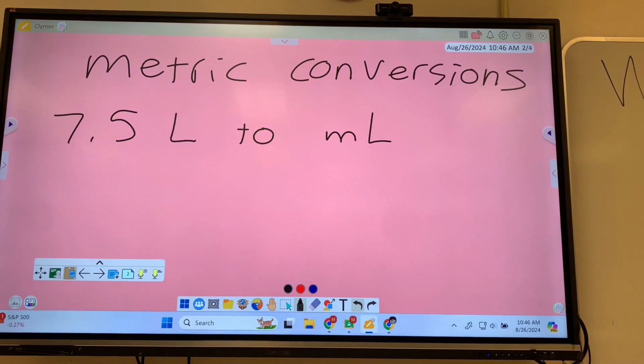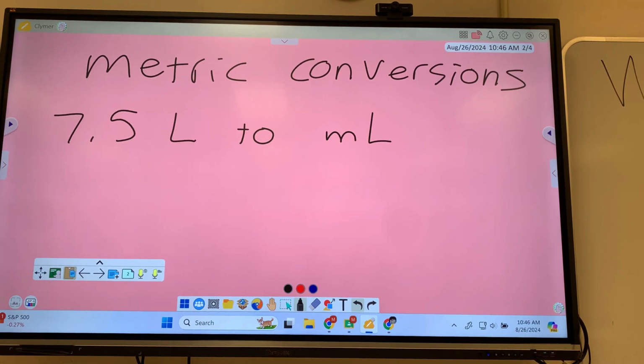0.5 liters to milliliters. That's a common enough kind of conversion that you would see. Liters to milliliters. So the trick here is we've got to figure out, before we even get started, what kind of conversion this is going to be, right?